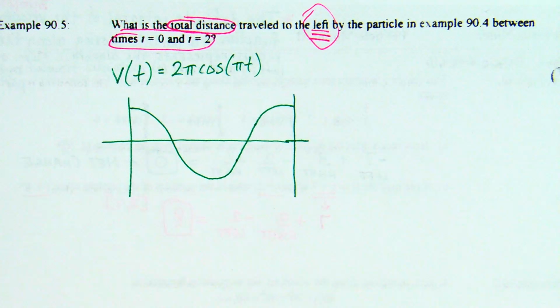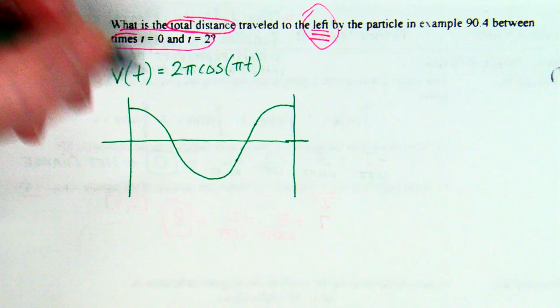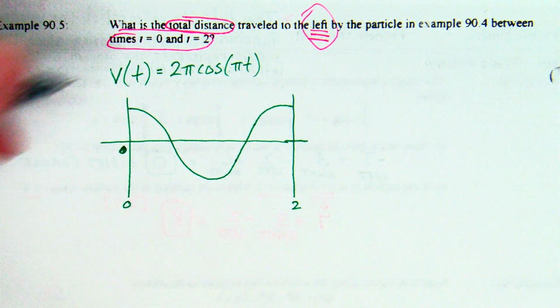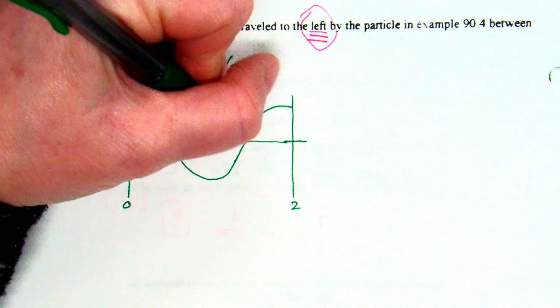From 0 to 2. So if I call this 0 and this 2, what are the two places here where the particle was stationary? Pi over 2 and 3 pi over 2. Well, it ends up being the times of just 1/2 and 3/2, right? Where are those represented on my graph? The zeros, the places we cross the x-axis. So at 1/2 and at 3/2.